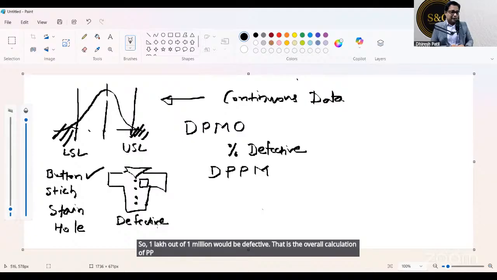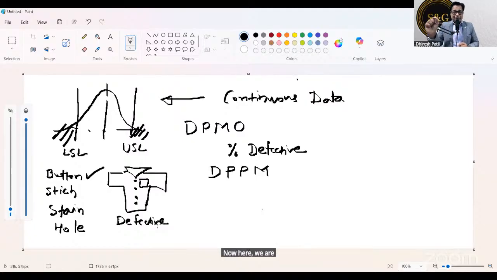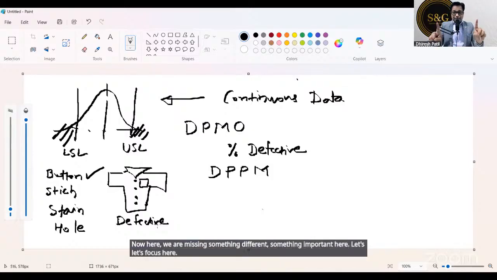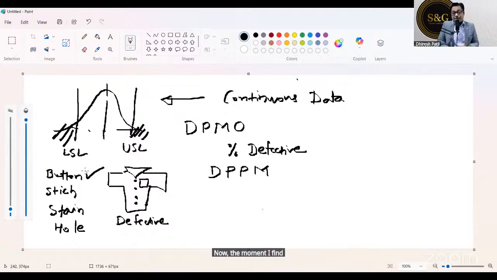Very simple calculation. Now here we are missing something important. Let's focus here, because a lot of people don't know the difference between these two. The moment I find one defect, I immediately keep that shirt aside, because anyway that is a defective shirt, and I take the second shirt to check.